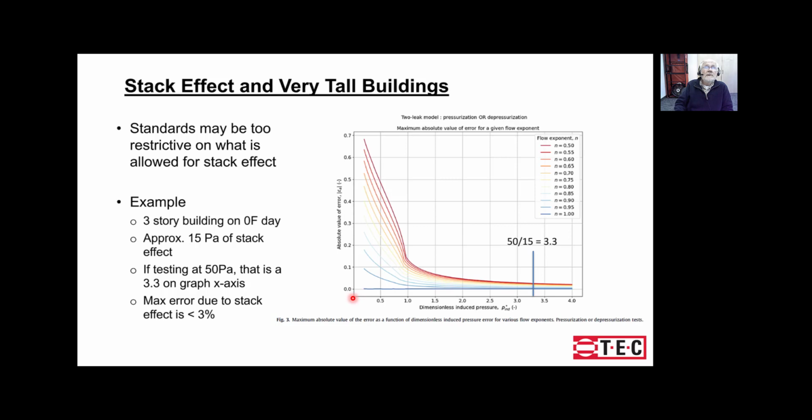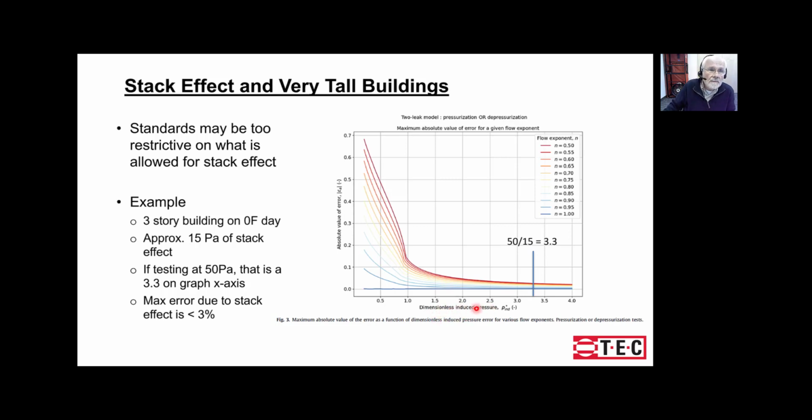I'm going to try to explain the most important and maybe the simplest graph in the paper. On this graph, along the x-axis, it says this is the dimensionless induced pressure. What that means is that's actually the induced pressure.